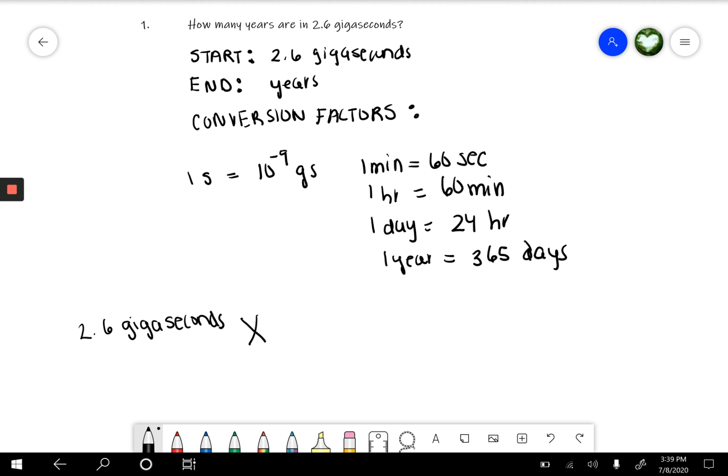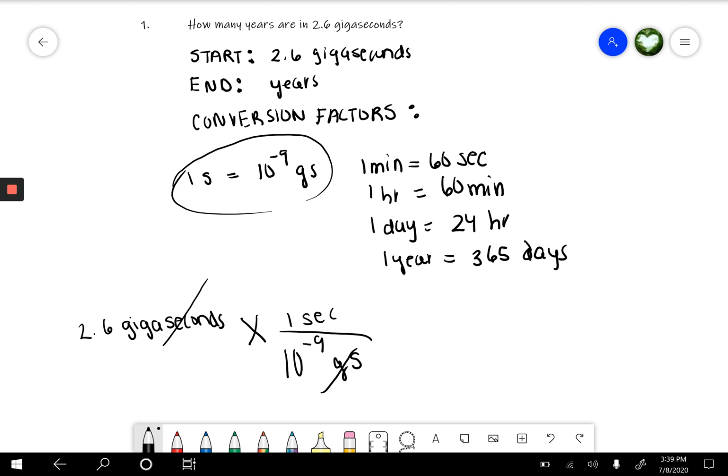The only one I see with gigaseconds is this conversion factor: 1 second is equal to 10 to the negative 9th gigaseconds. One thing to realize in dimensional analysis is that the numerator and the denominator need to have the same unit so that they can cross out. So gigaseconds are going to cross out.